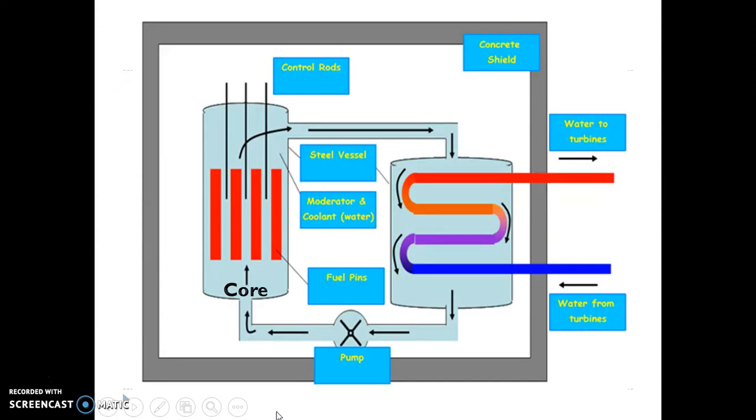So this is the construction diagram related to nuclear reactors. Here you will see this portion is nothing but the reactor core. In the reactor core you will see there are the control rods. These vertical black colored lines are nothing but control rods.